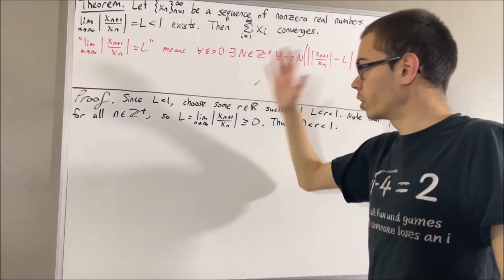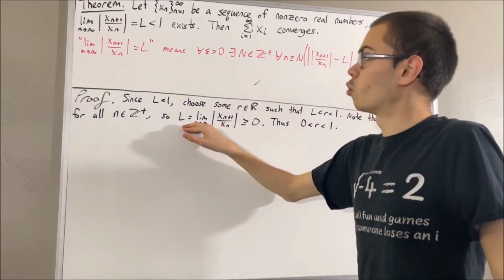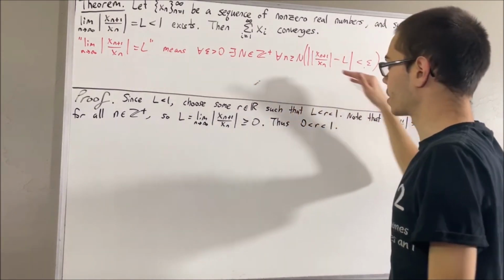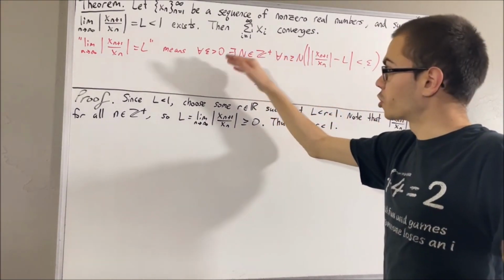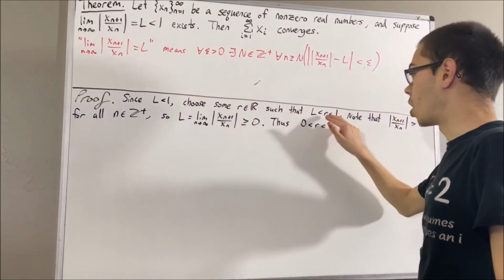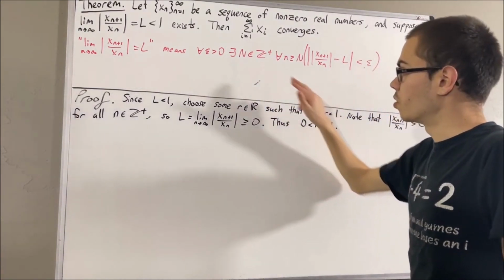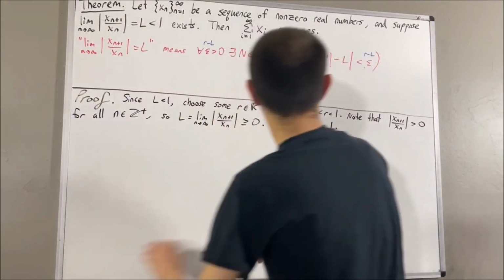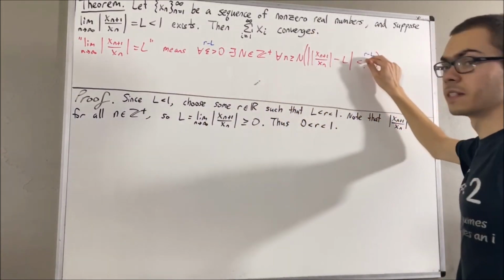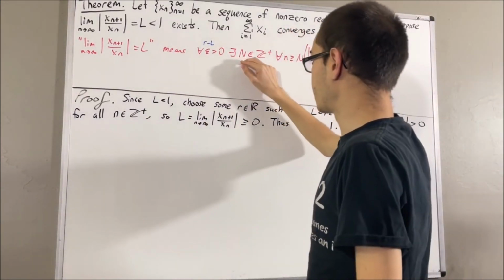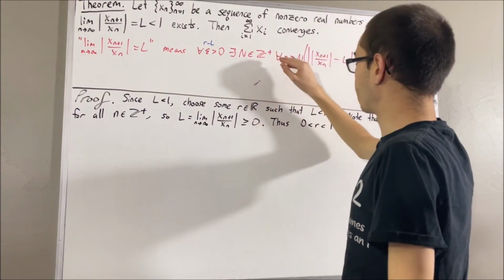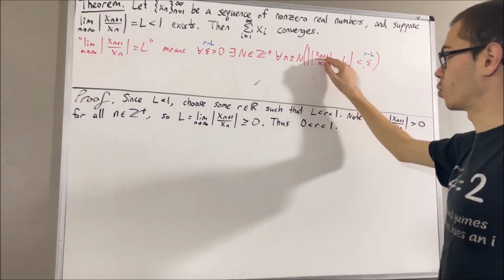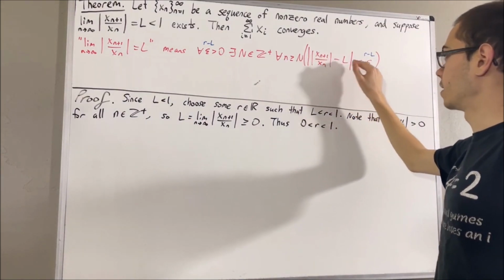Now, we know that this sequence converges to L, which means we are given that this statement is true. And this statement works for every positive real number. So in particular, it must work for the positive real number R minus L. So taking epsilon to be R minus L, we have that this statement is true. So there exists a positive integer capital N, such that for all n greater than or equal to capital N, the absolute value of xn plus 1 over xn minus L is less than R minus L.